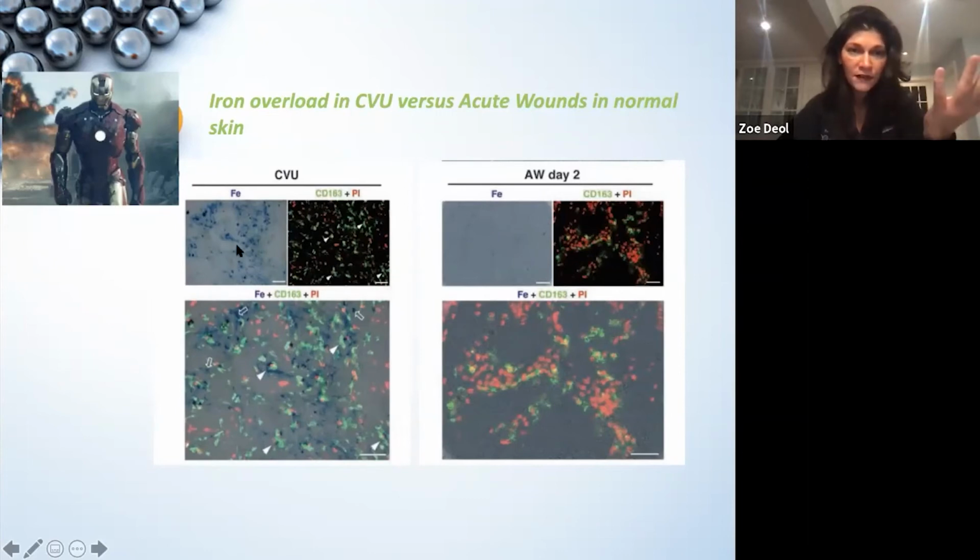They're all over the place going after all of this iron. They're completely distracted from their primary job. You don't really see a lot of cell growth and proliferation, but in an acute wound, it's all very organized. You see a lot of new cell growth and proliferation. The macrophages are very controlled, and it's in a lattice form. So it's in like a scaffolding form, as opposed to this whole wild situation going on here.